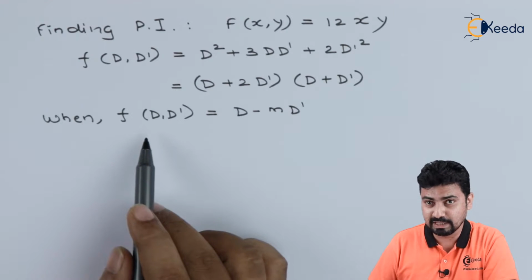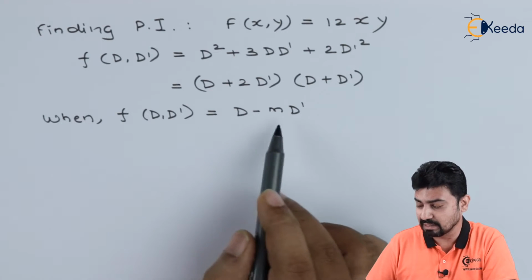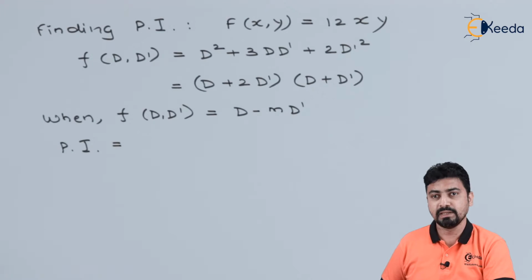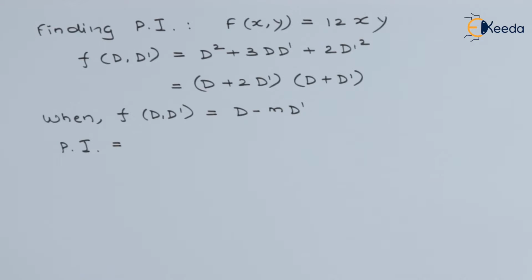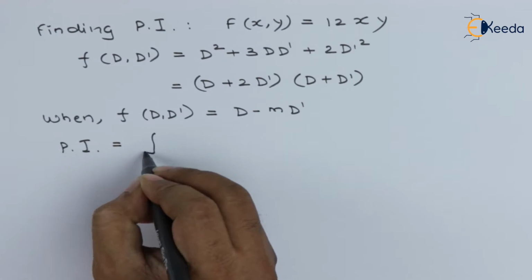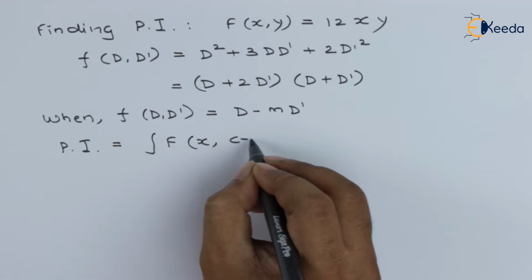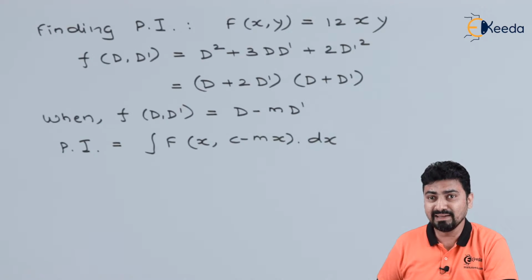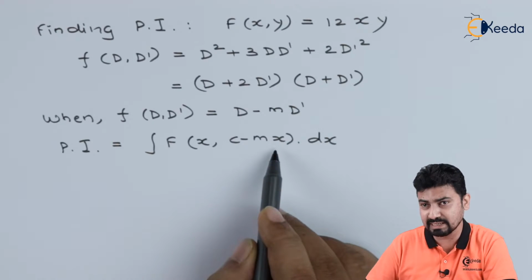When we could express f of D D dash as D minus mD dash, then PI was found out by integrating the function f of xy by substituting y is equal to c minus mx.